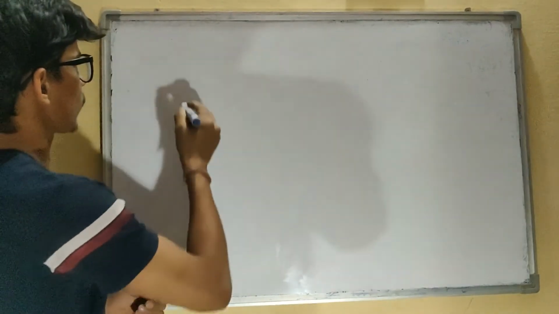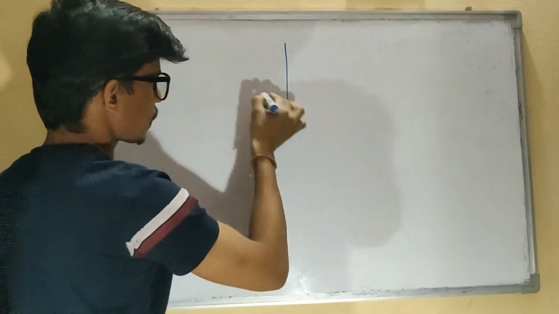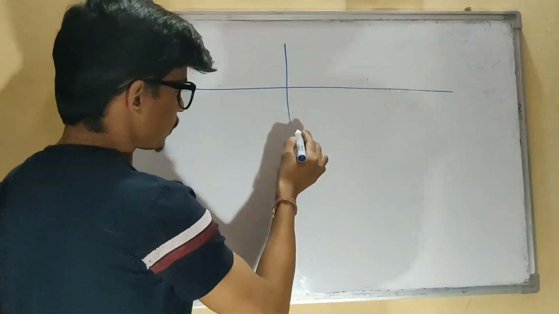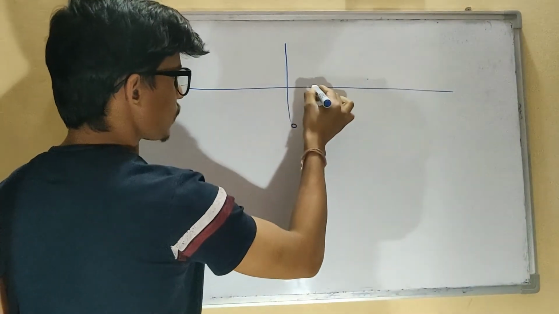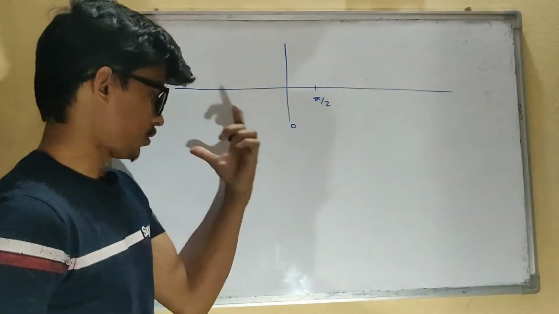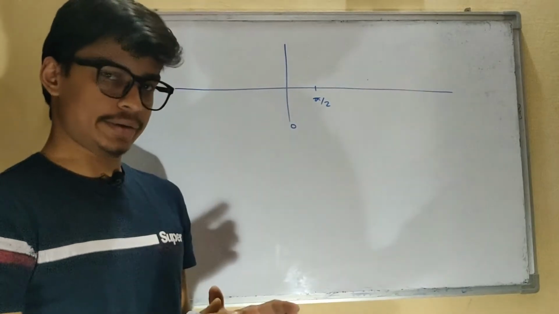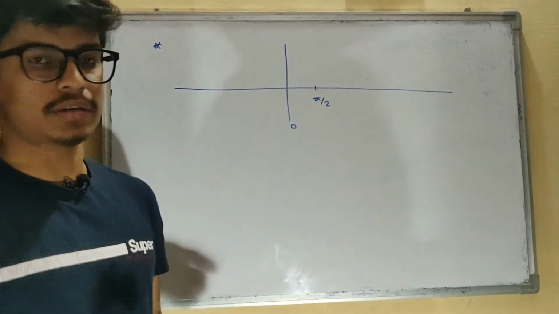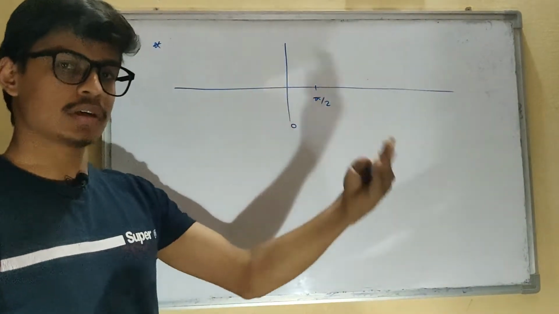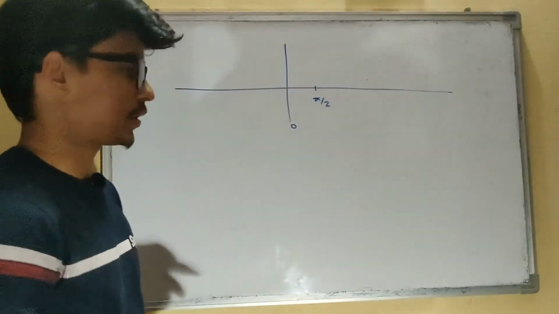Okay, so first of all, let's make it like this. This is 0, this is pi by 2. In all the graphs I will show angles only in radian, not in degrees. So if you're not understanding like this, better you convert it into degrees, and then you will understand, right?